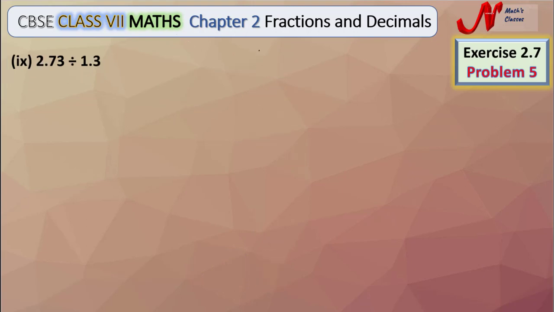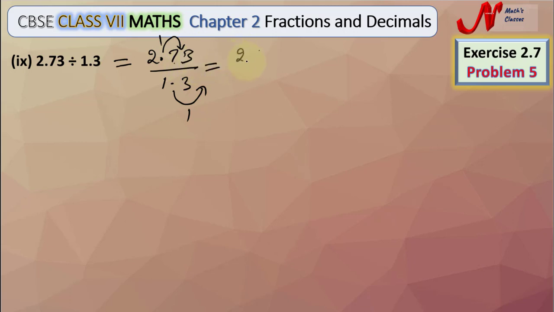Now solve the ninth bit. It is given that 2.73 divided by 1.3. It can be written as 2.73 by 1.3. Shift the decimal point of the denominator to the right by 1 place. Shift the decimal point of the numerator 1 place to the right side.